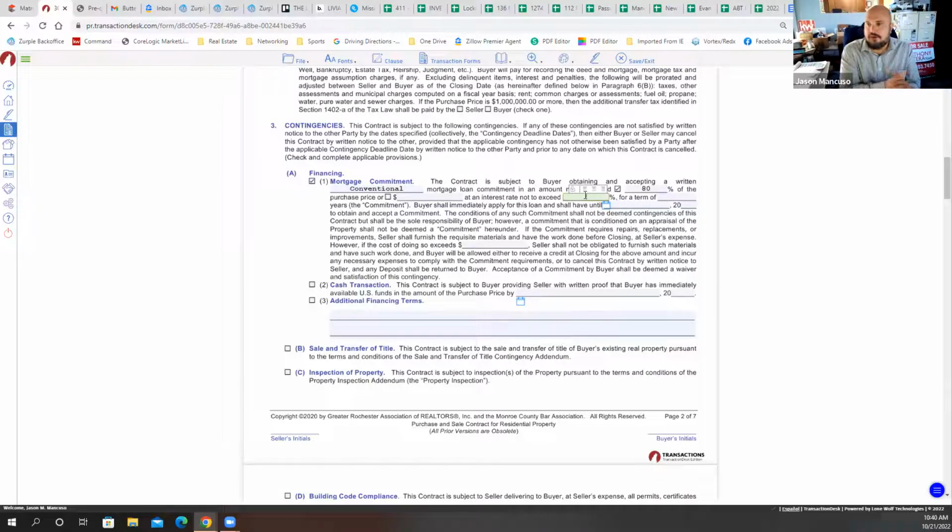Let's stick to that, or let's hope that we can get that, but rates are volatile depending on how long it takes you to lock in a rate. It could be 7.75 come next week. So we've got to provide that buffer for a seller to take us seriously, is essentially the conversation.